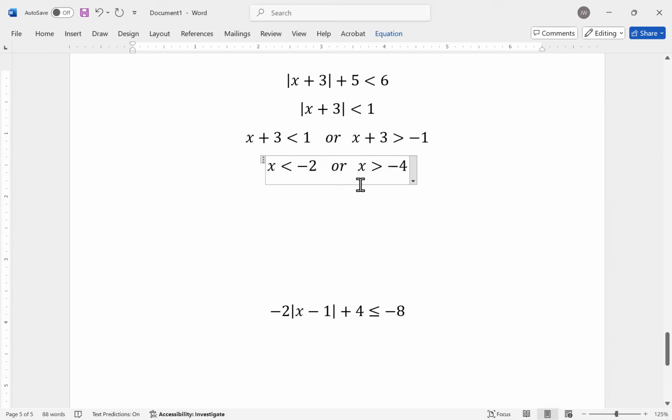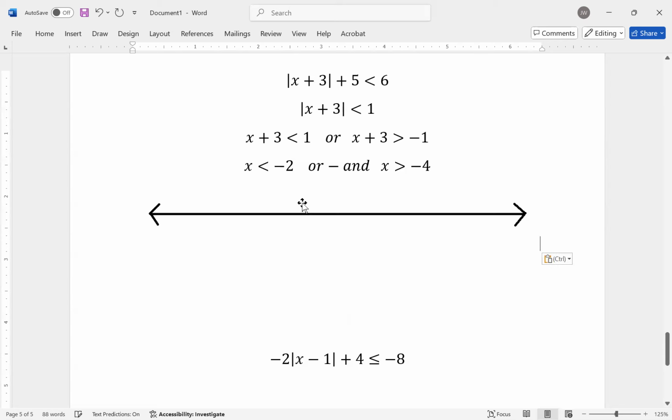Some people would maybe write the word and instead of or, because the way these interact on the number line can kind of be a little bit tricky. I tend to like or because we get the two options, but other people may want to write the word and.